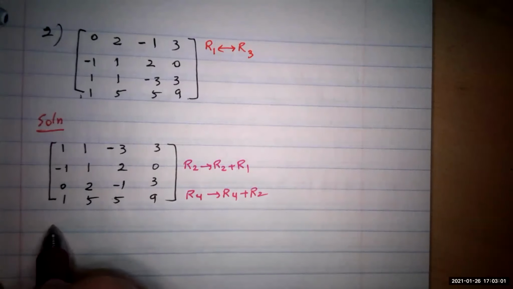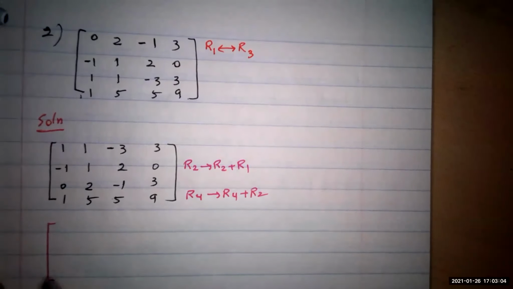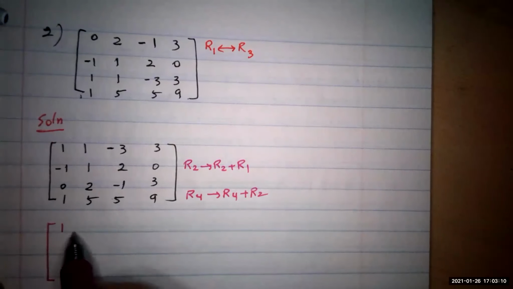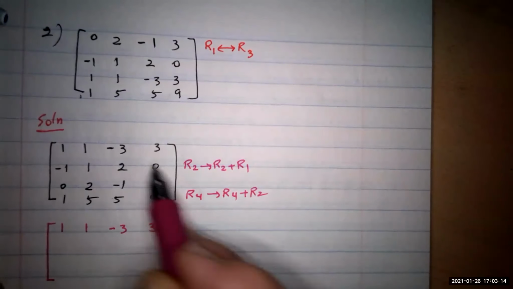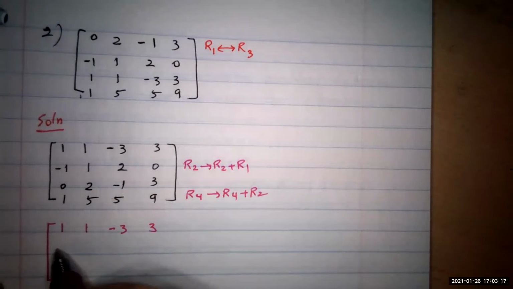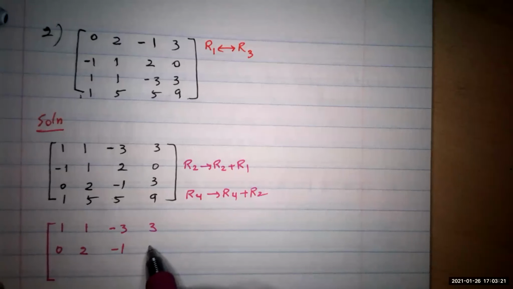So the resulted matrix is going to be the following. The first one will be unchanged. Okay, that's it. So if you add these two together, that give you 0, 0, 2, -1, and 3.